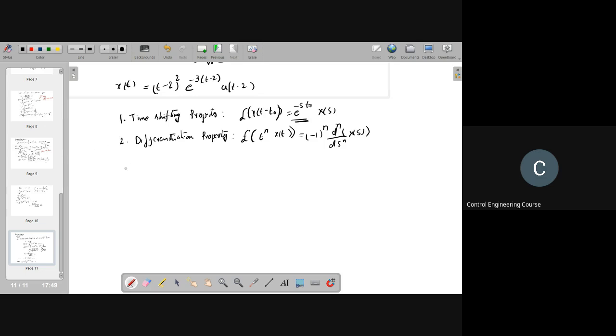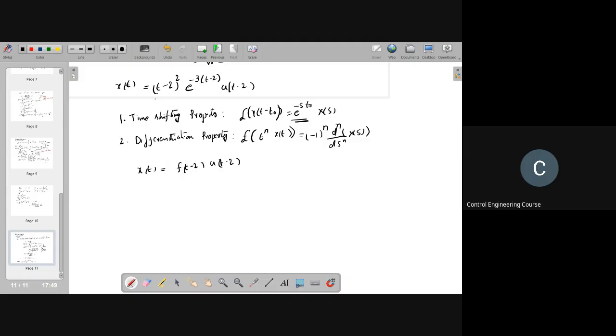So the first thing is I want to remove the time shifting. Without shifting, I want to write x of t equal to f of t minus 2 u of t minus 2.